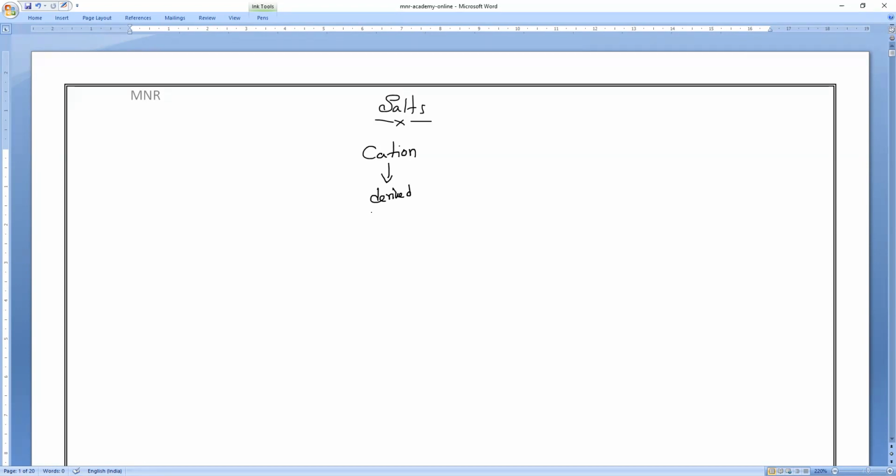The other is the anion, which is derived from non-metals. So metals plus non-metals combined, that is, cation and anion, is what we call a salt.